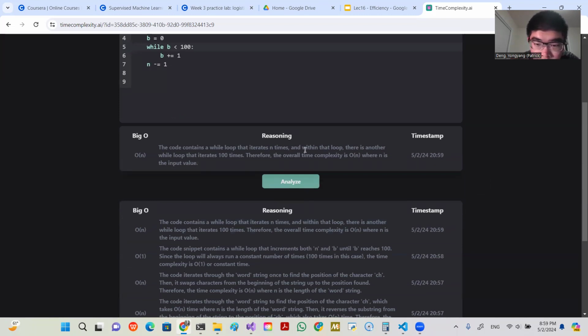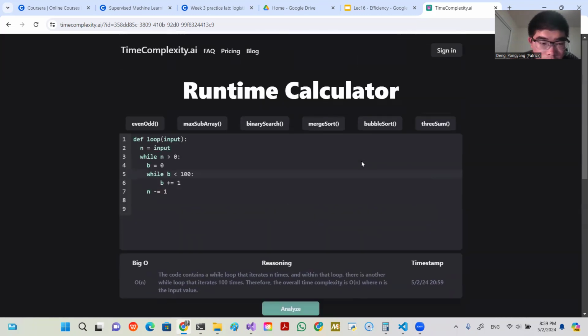And within the loop, there's another while loop that iterates 100 times.